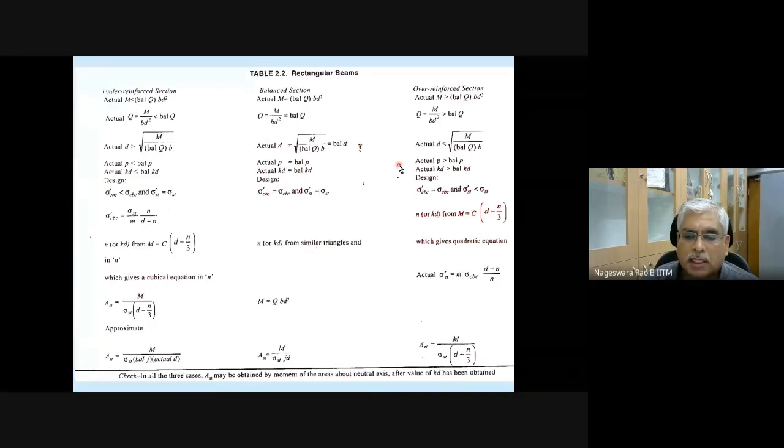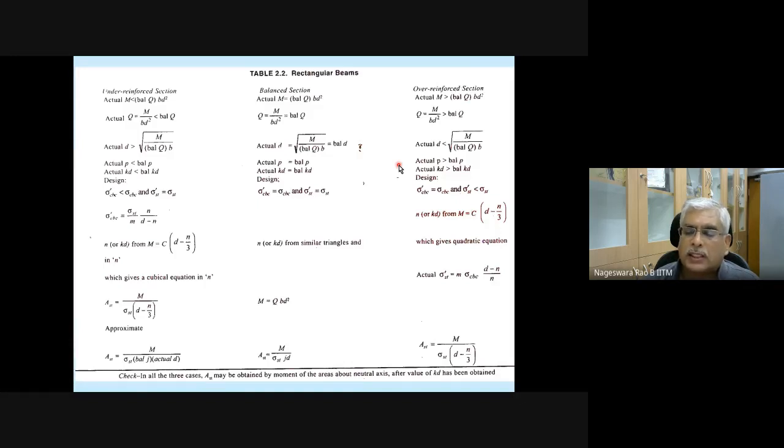When the effective depth is less than what is required for a balanced section, both the stress in steel as well as the stress in concrete are going to increase.